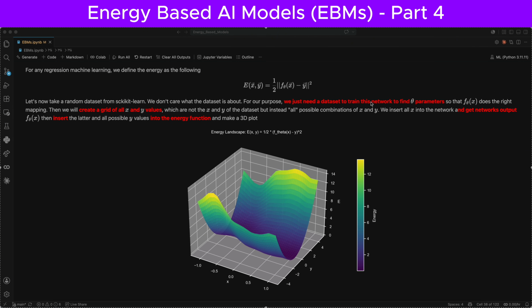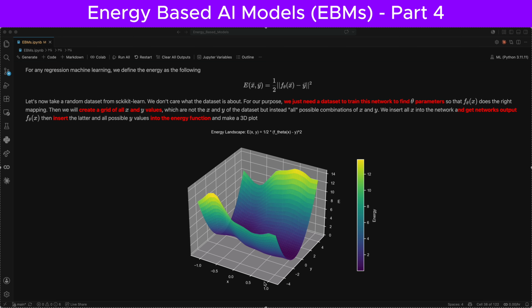Let's now take a random dataset. We don't care what the dataset is about. For our purposes, we just need a dataset to train this network to find optimal theta parameters so that f of theta does the right mapping. Then we will create a grid of all x and y values which span the entire x and y space and not just the dataset's x and y points.